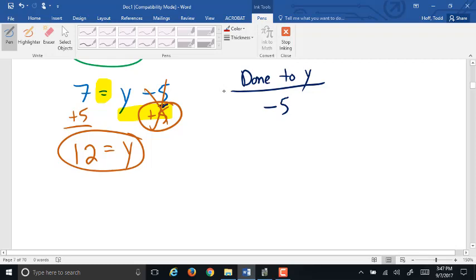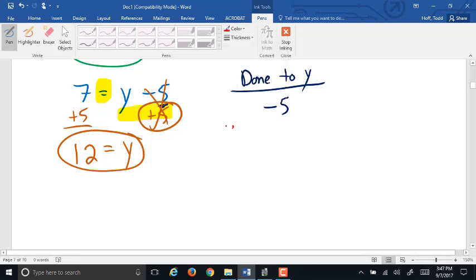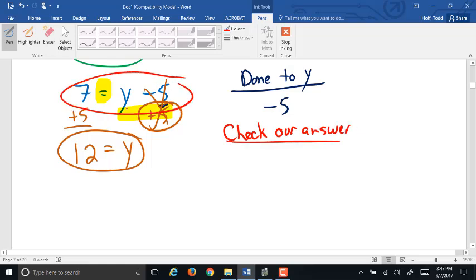With these equations, one of the strengths, one of the conveniences, is that we can always double check the answer. The way we do that is we go back to the original equation, and we're going to replace the variable with the value that it's equal to. So y here is going to be replaced with 12.